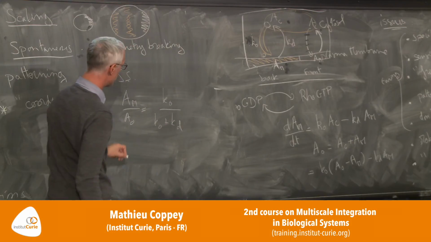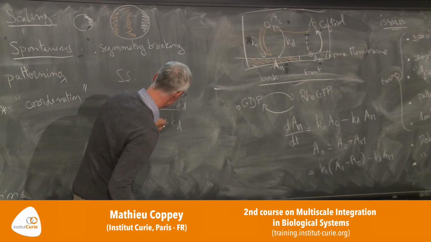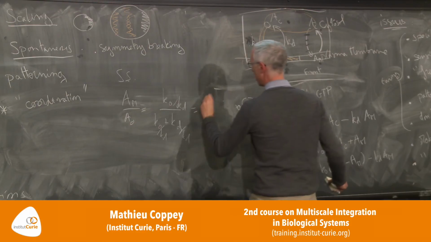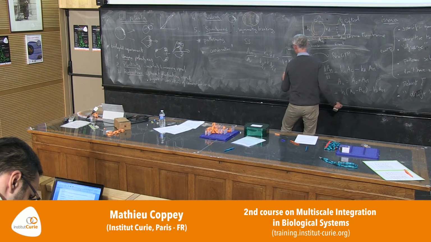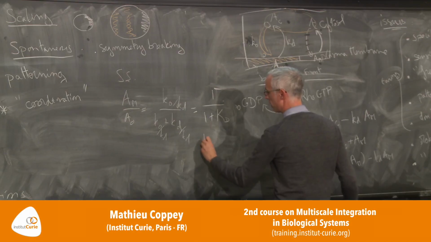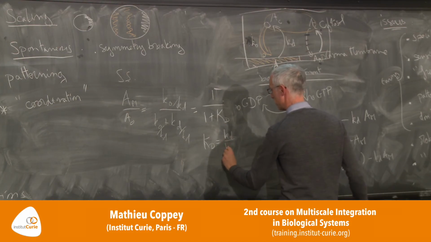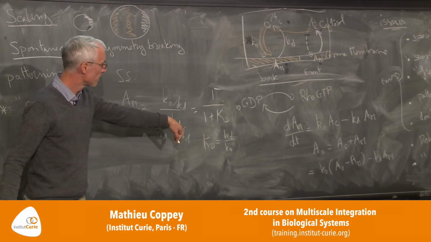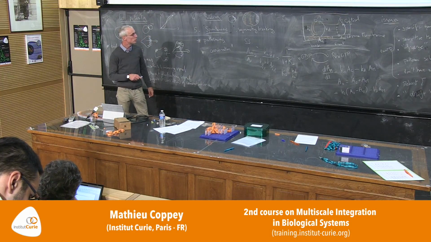So I can divide everything by KD, and you see that this is just 1 over 1 plus the dissociation rate KD over K0. So it's exactly one number, the ratio between the on and off rate from the membrane, that tells you how much you have on the membrane.